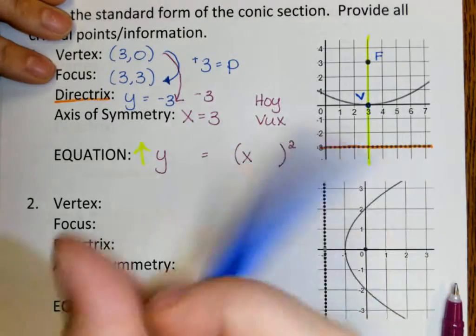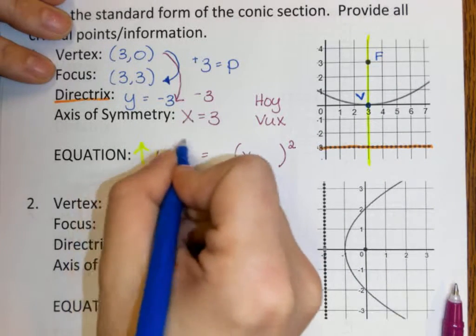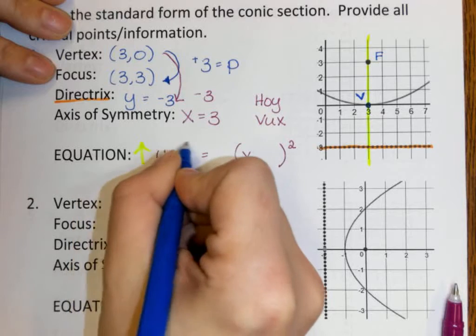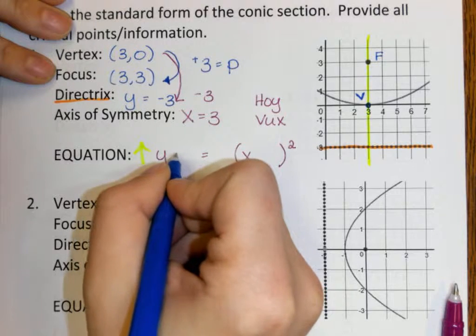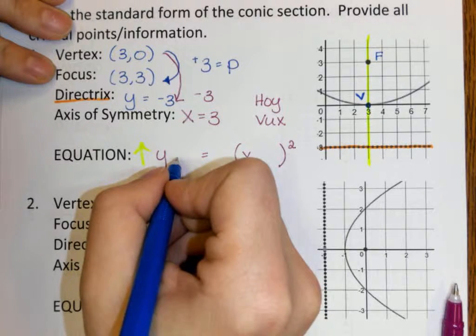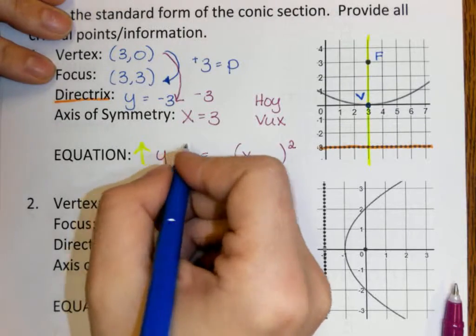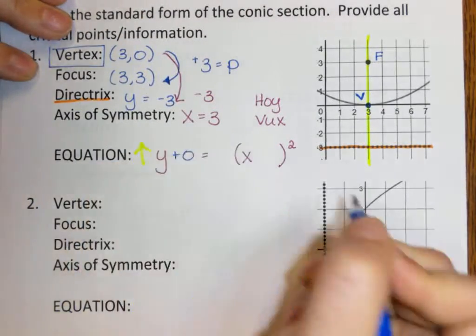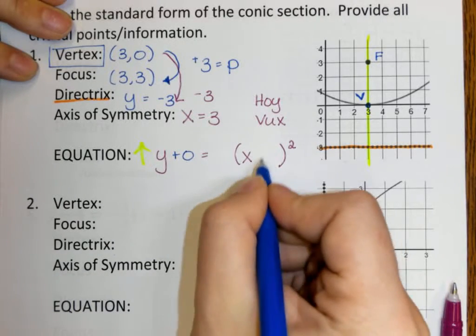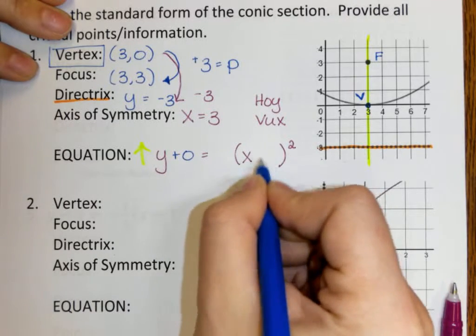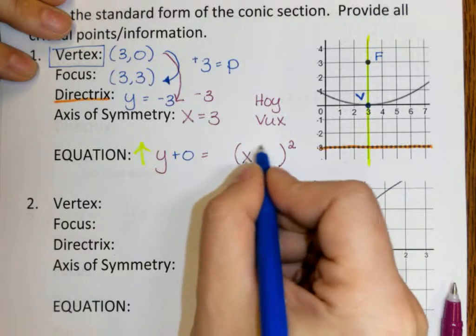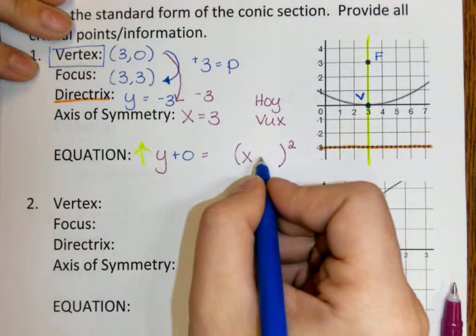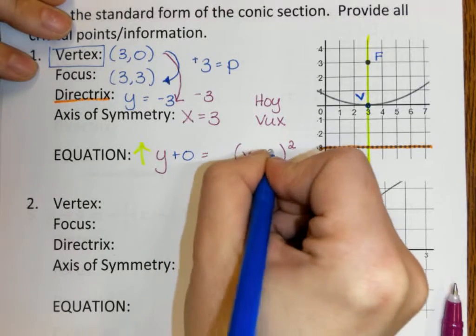Now, what number am I going to put here? One more time. 0. There you go. So we're going to look at my vertex, opposite of the Y coordinate. What's going to go here? -3.